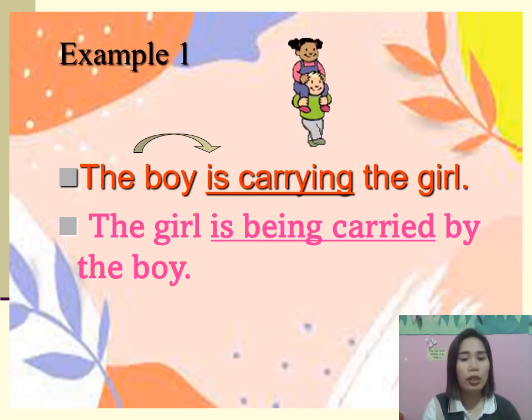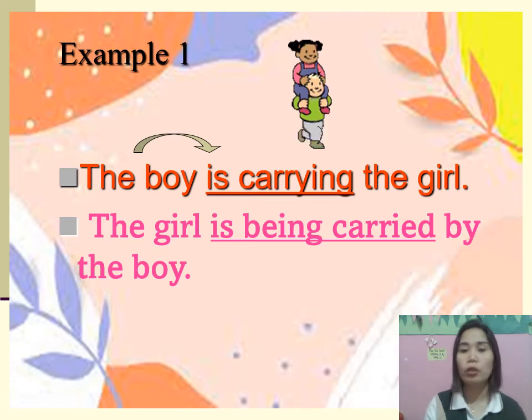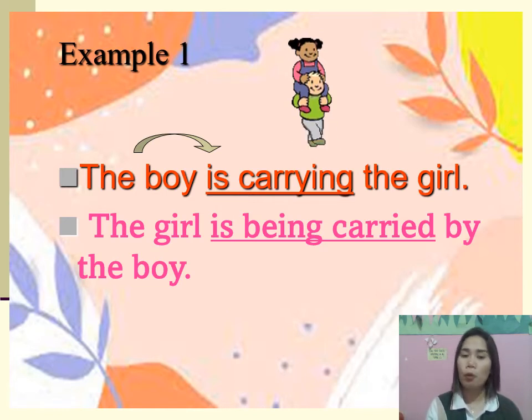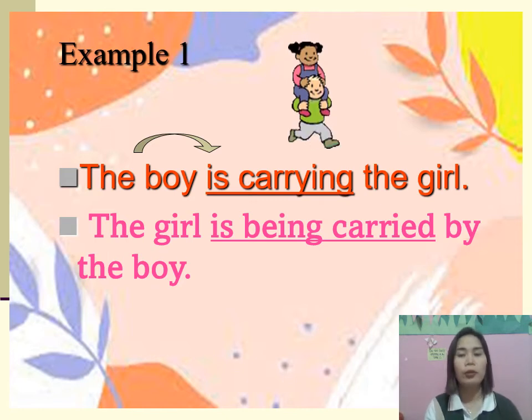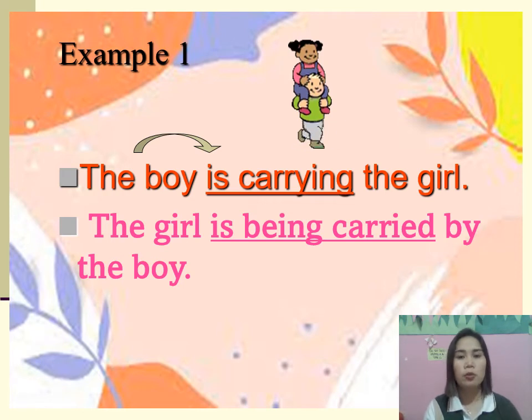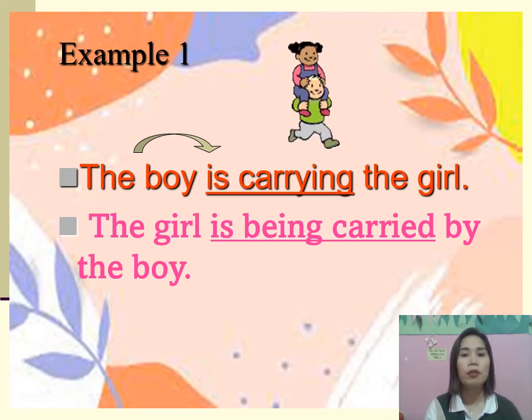So the girl here, which is the object of the verb in the first sentence, will be our subject in the second sentence. Okay? And our verb, is carrying, will be changed into is being carried. So is being is the be form of the verb, and carried is the past participle of the verb carry.